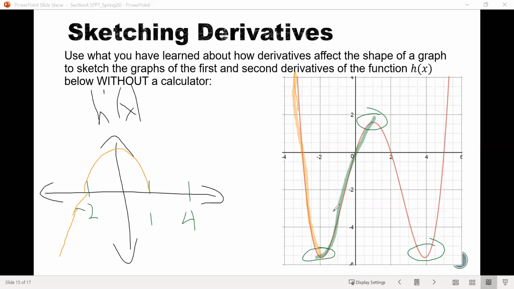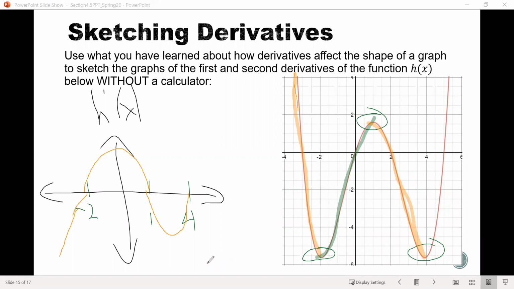And then again, between 1 and 4, the function is decreasing. So we see all the values should be below the horizontal axis, and then back at 4 we hit 0.